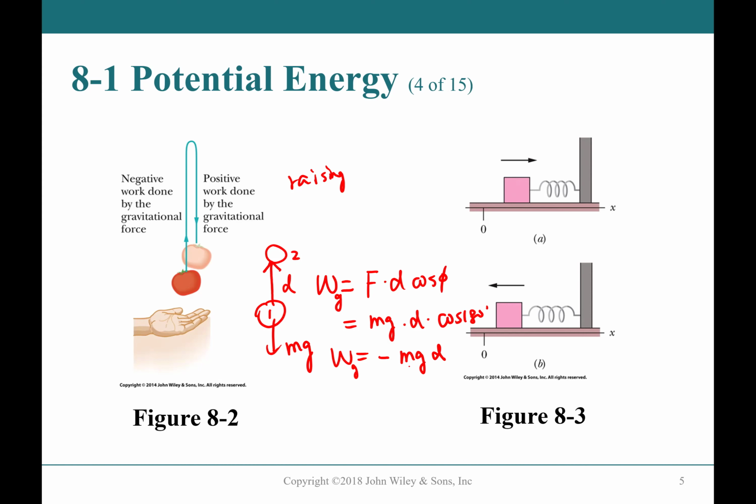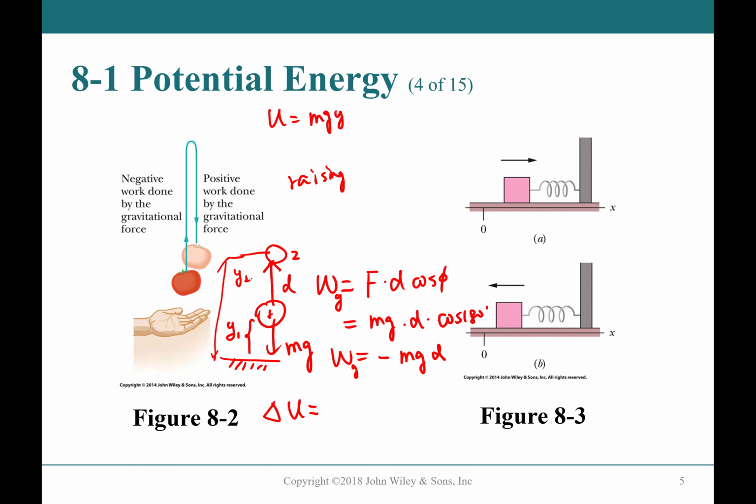But in the meantime, I want you to think about, because our potential energy equals mgy, right? So going from here to here, what is the change of potential energy? So at this point, we can have a reference point here. This is y1, and then from here to here, this is y2.